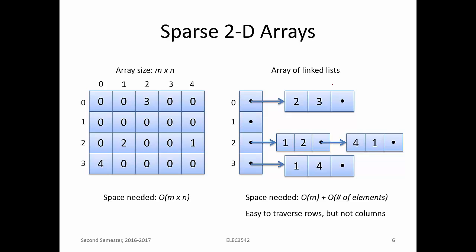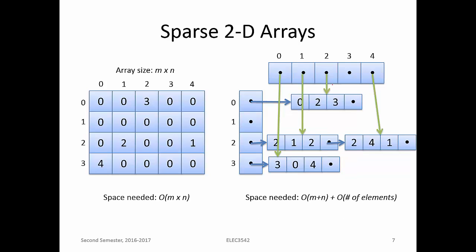If both column and row traversals are needed often, we can link the nodes in both dimensions as shown. Each node now carries both the row and column indexes together with the element value. In this array of lists implementation, the space needed is related to the dimension of the array.